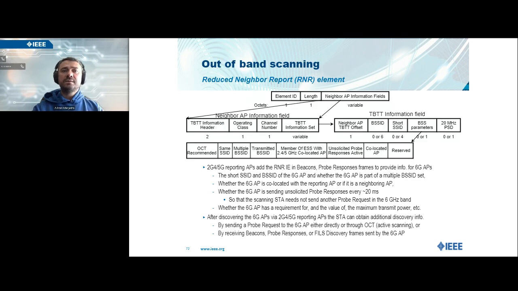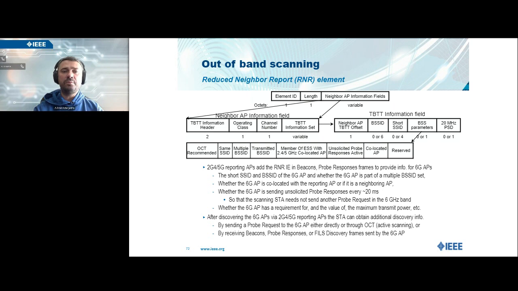So out-of-band scanning in general relies on the reduced neighbor report element. This is an element that APs operating in the 2.4 or 5 gigahertz bands include in the beacons, and it essentially provides a short summary of the information of APs that are operating in the surroundings.